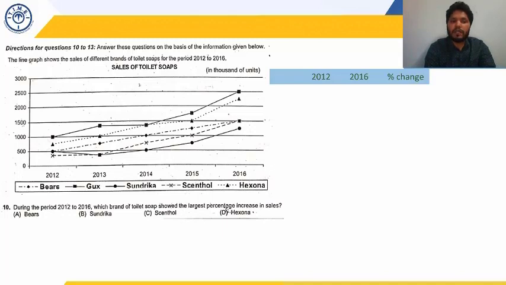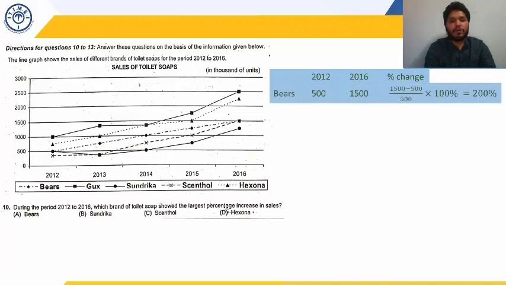And in 2016 it increased from 500 to 1500. So from 500 to 1500 there is a change of 1000, or percentage change is 1500 minus 500, which is 1000, divided by 500 into 100%, which comes out to be 200%. We all know percentage change is final minus initial divided by initial into 100%.